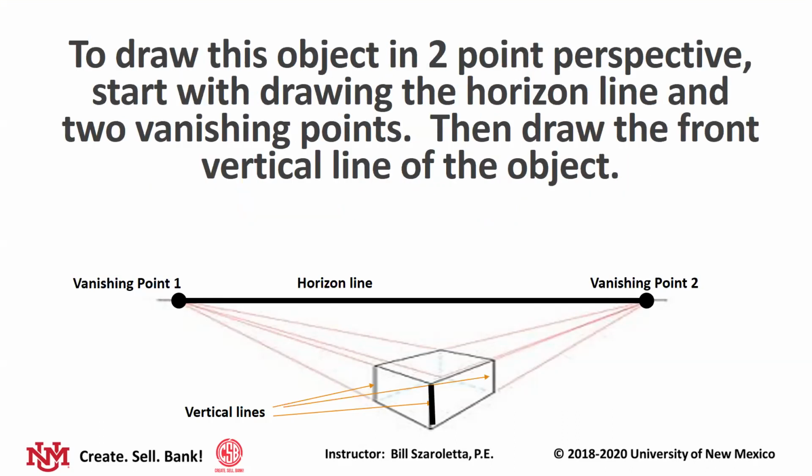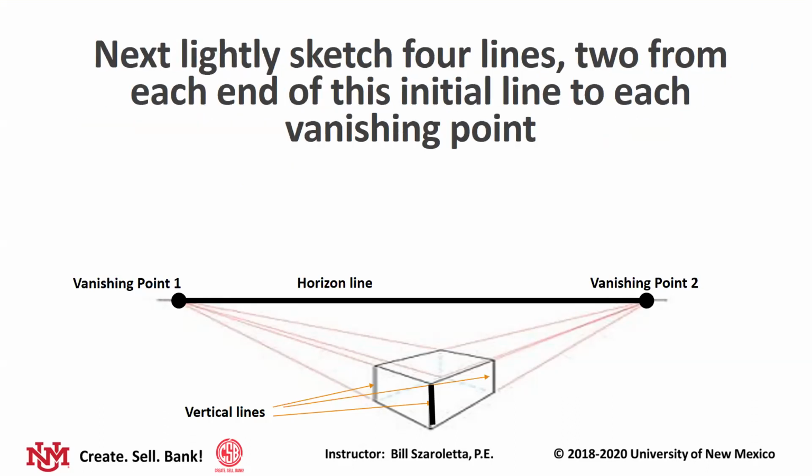Now, to draw this object in two-point perspective, you start with drawing the horizon line, then you sketch in the two vanishing points, and then you start with the first edge you can see, the first vertical line. Now you sketch in the lines that go back from that line.